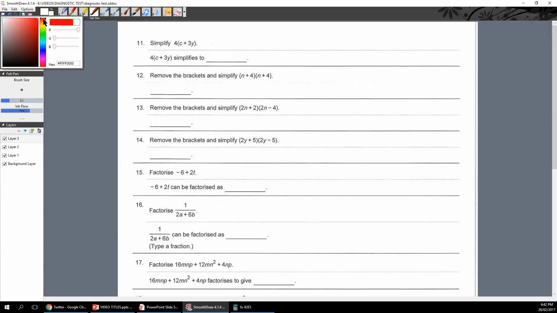Red, green, blue, we want red. Then we right click it, which makes it available. 6.3, we'll bring the ink flow right up to 100 this time.